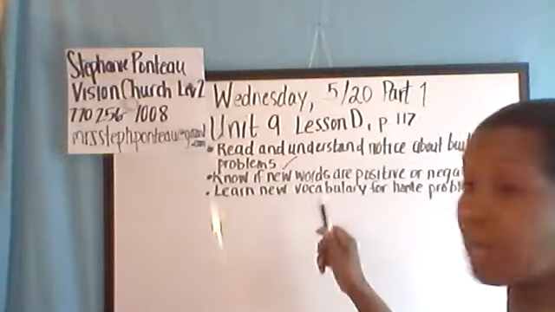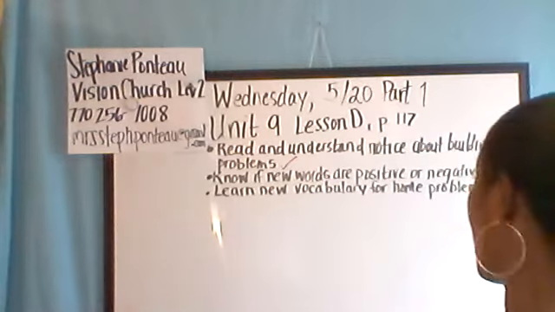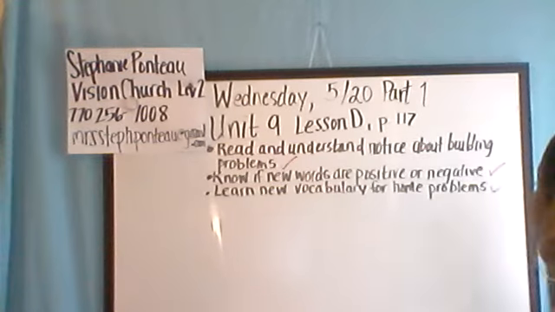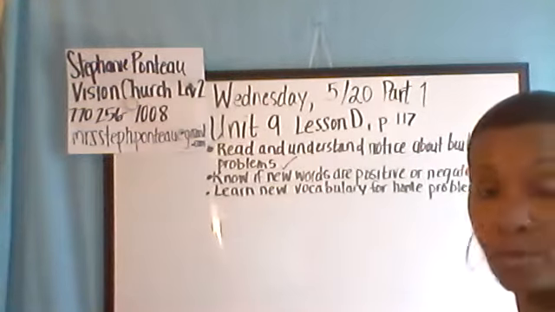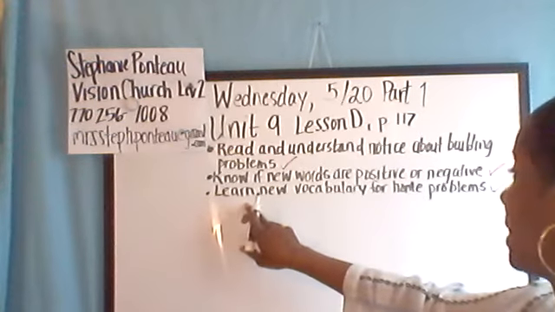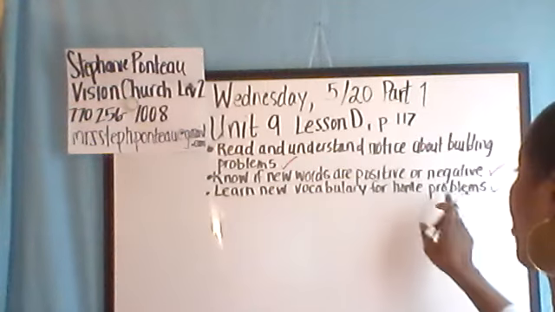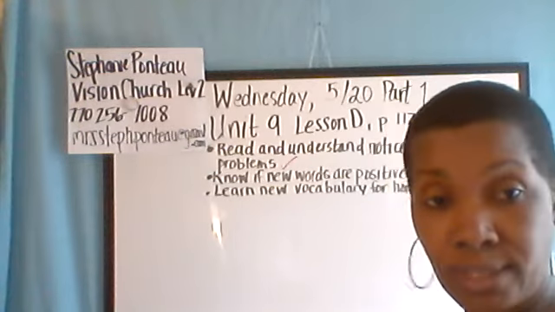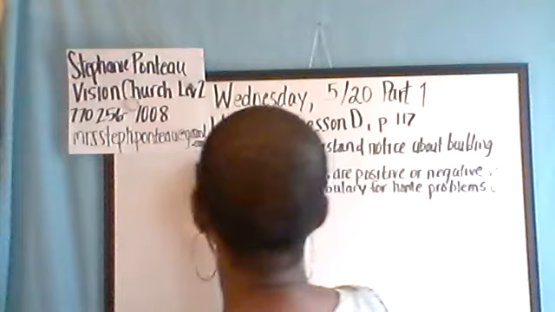All right, and actually I'm going to erase all of this because I can check this off too. Everything that we were supposed to do for lesson D, we've completed. Because right now we have learned the new vocabulary words for home problems, and we're practicing with those words. Okay, so I'm going to erase this to make room for the T chart.